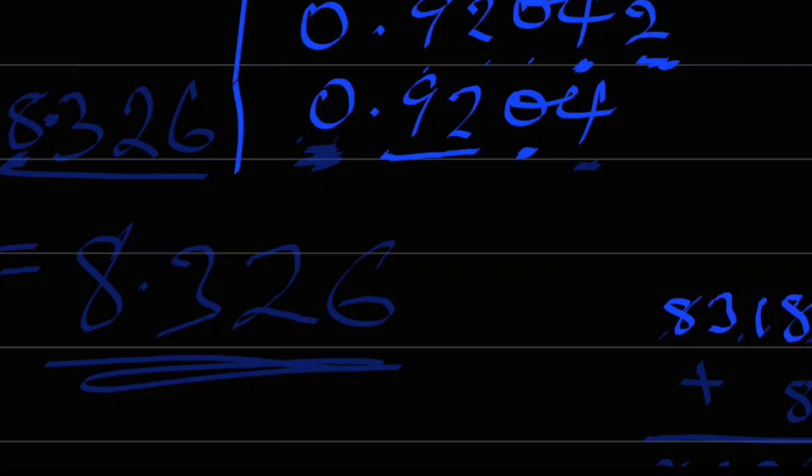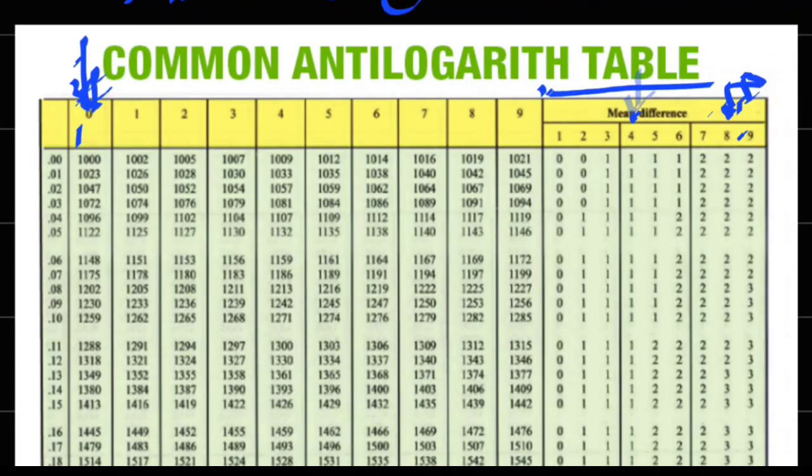Now difference 4. Go to the difference table. Here's the difference table, difference 4. This is difference 4. You check down to that very number. When you check difference 4, you will see 8.